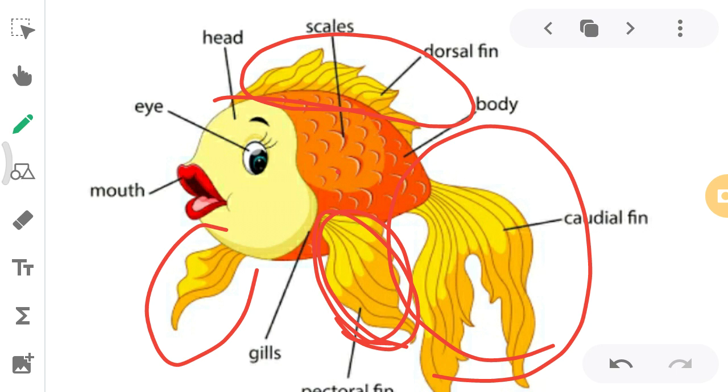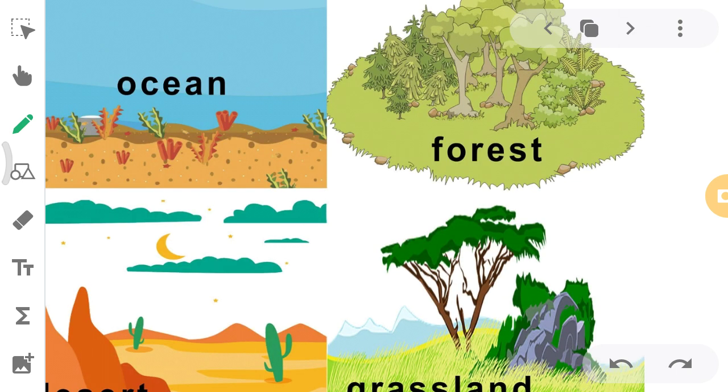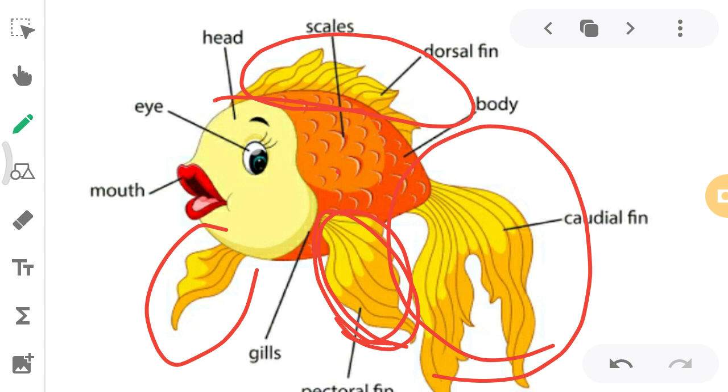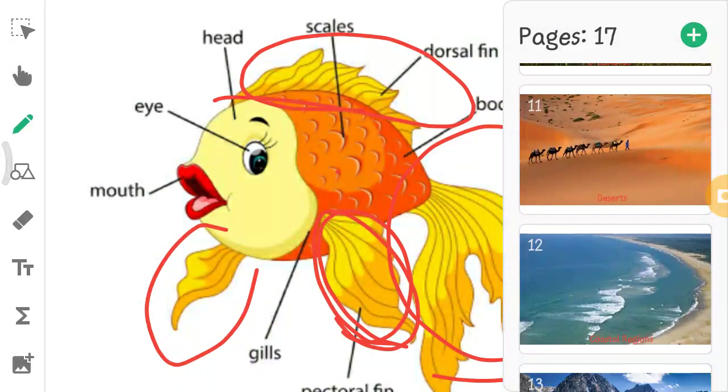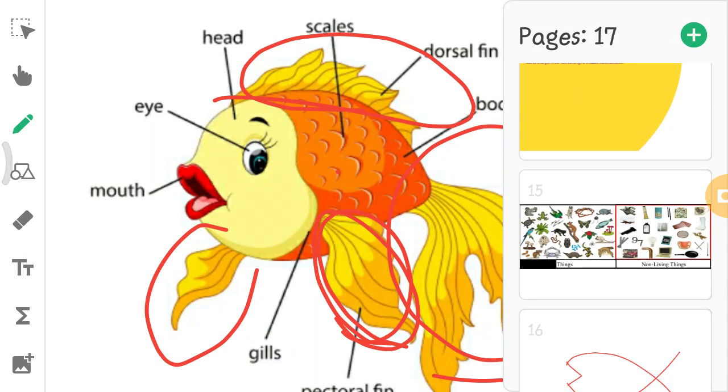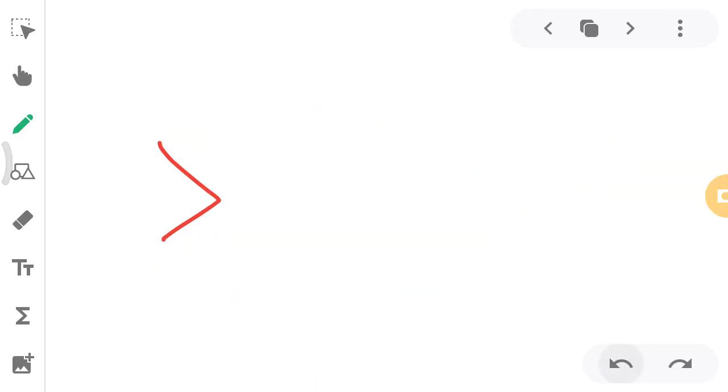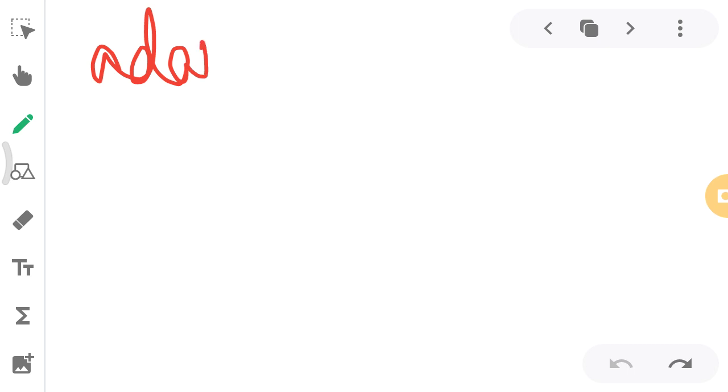Now, let us learn about some more terms. Now, we should learn about adaptation.